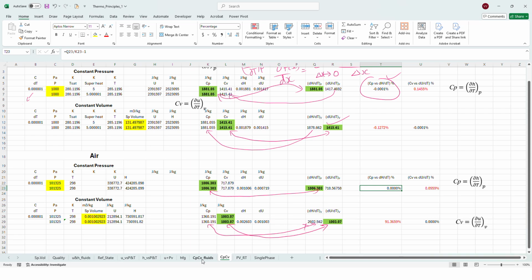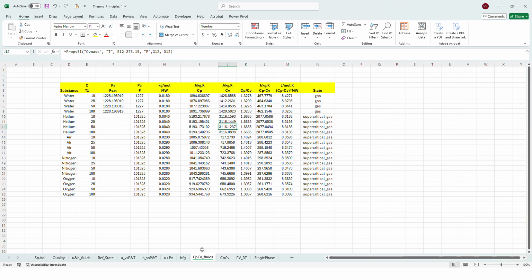The other thing was we can compare different fluids here and their Cp and Cv. So we have water, helium, air, nitrogen, and oxygen. And how do we calculate the Cp? Just by using this equation, Cp mass.